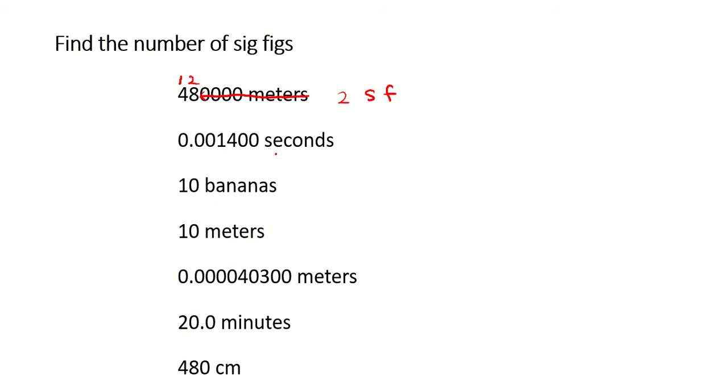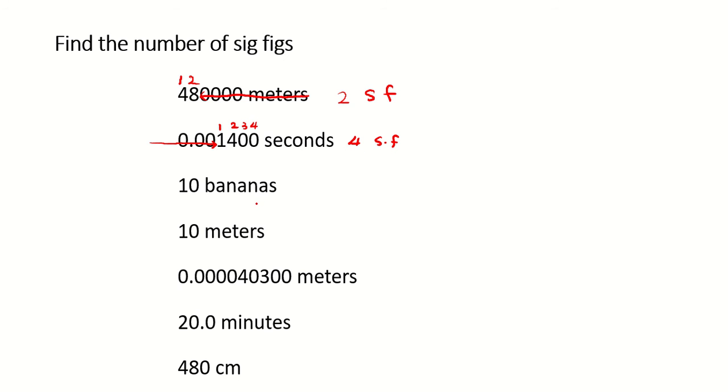Do you have a measurement or a counted number? You have seconds. We measure it. Do you see a decimal? Yes. So start drawing the arrow like this until you hit the first non-zero. Start counting the numbers. 1, 2, 3, 4. Once you start counting, you keep counting all the zeros that are not crossed. So now you have 4 sig figs.